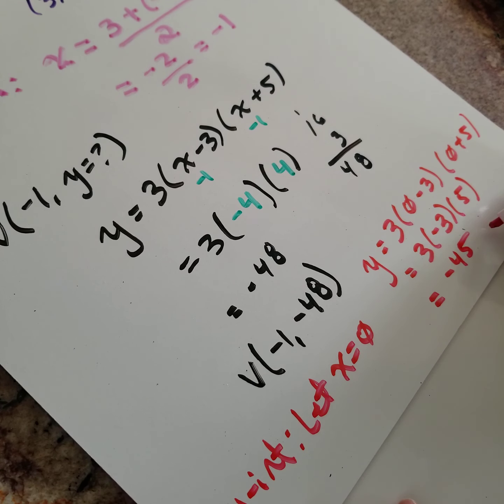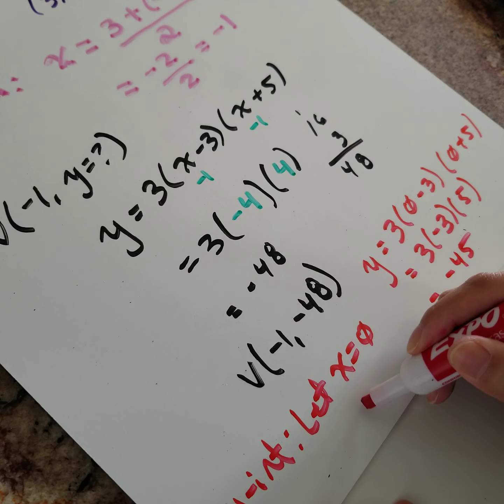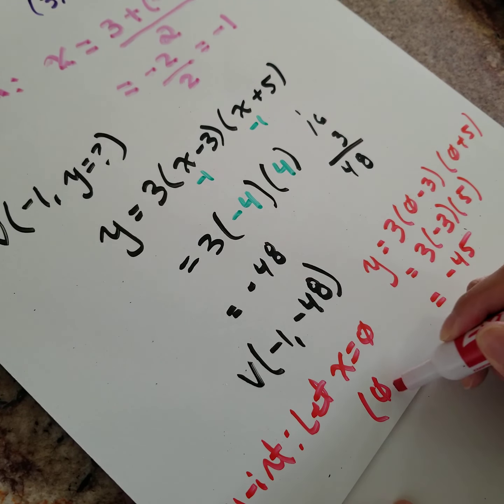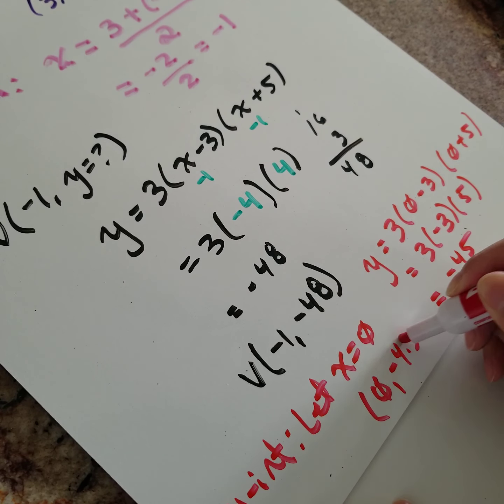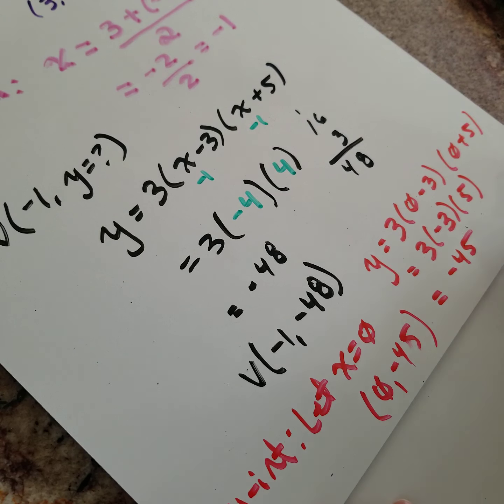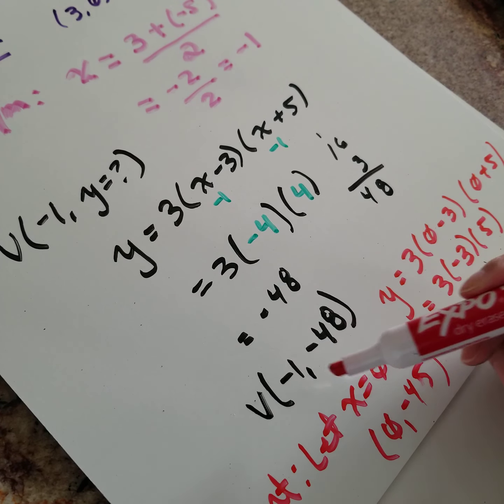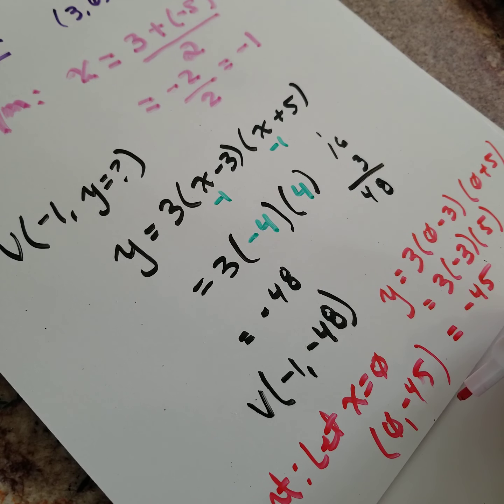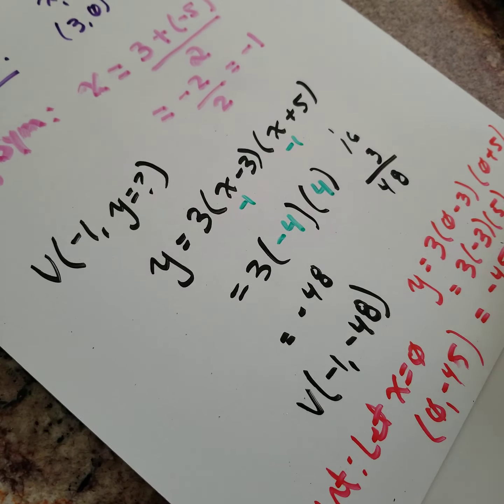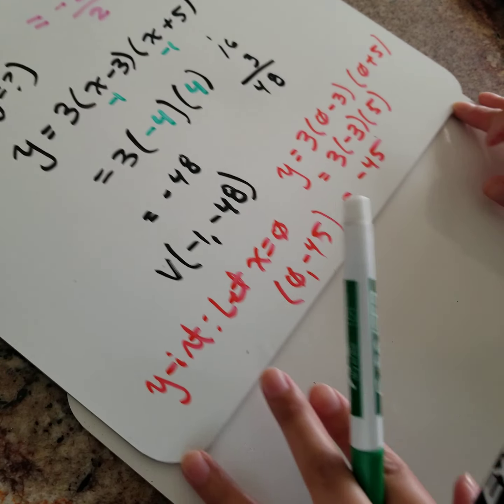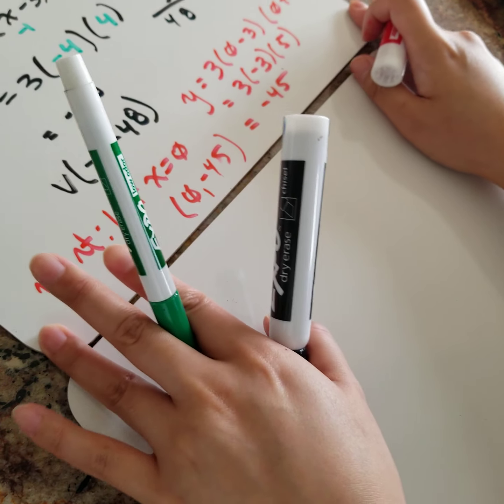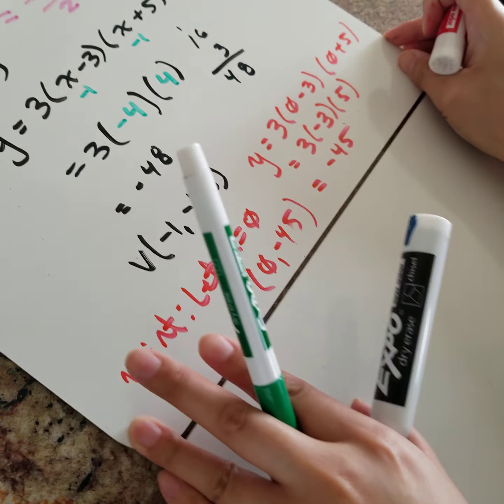So my point for the y-intercept is going to be 0 and negative 45. And here, just because my axis of symmetry is at negative 1, I'm going to find the corresponding y value. So let me show you all the information that I have right now. We can sketch it on our graph nicely.